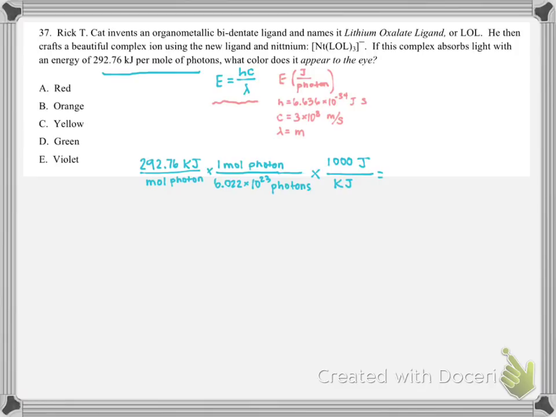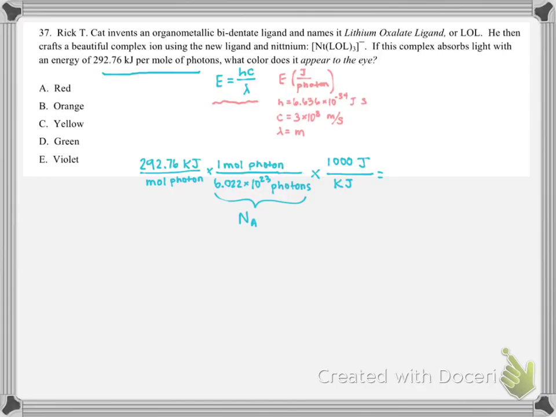So I've gone ahead and written out this conversion where we start with our given energy, and then we use Avogadro's number to convert from a mole of photons to individual photons, and then a conversion just simply to get from kilojoules to joules.